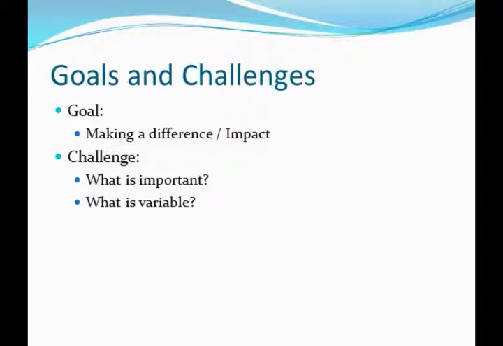And that's to make a difference or make an impact in healthcare. And part of the considerations when you try to make a difference is that you want to maximize your efforts and make the biggest difference possible. So you need to first identify what the important differences are that can be made, and also where the variation is. What is variable?